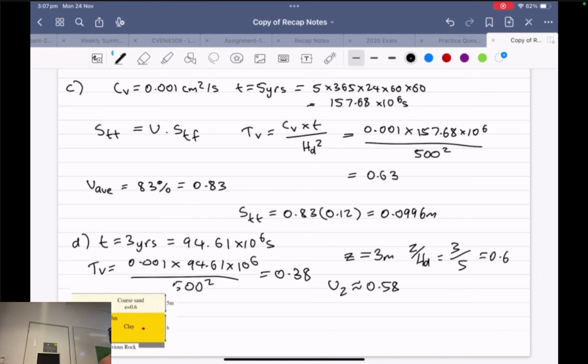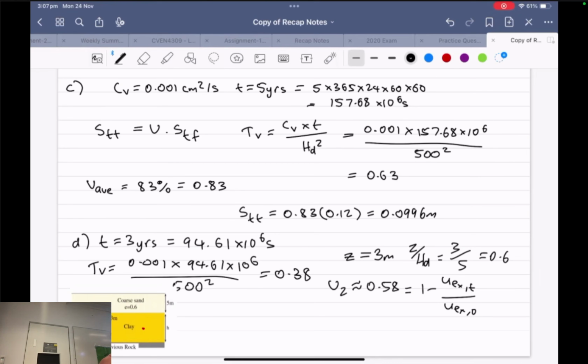Right, and here we can use our relationship. UZ is equal to 1 minus the excess pore water pressure at time t over the excess pore water pressure initially. So keep in mind this is excess pore water pressure, not total pore water pressure. And in the question they're asking us for total.